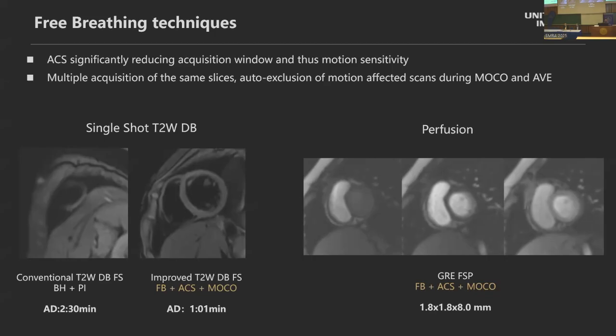Okay, another type of patient-friendly techniques are those free breathing ones. So with ACS, we can significantly reduce the acquisition window and therefore reduce the motion sensitivities, leading to high-quality free breathing image acquisition, such as tissue-tagged Doppler and myocardial perfusion imaging.